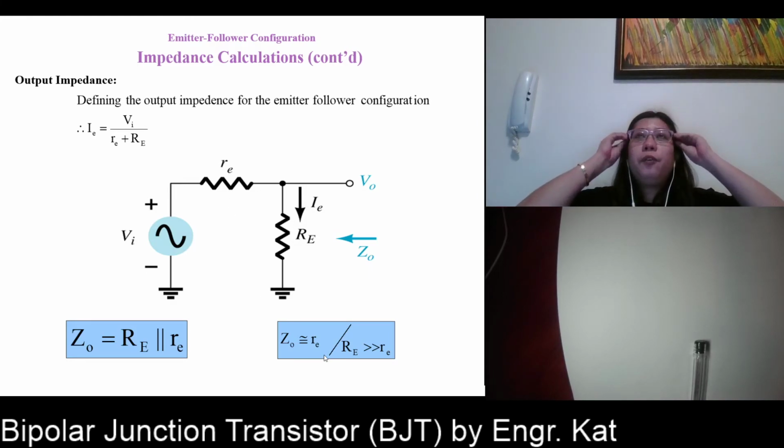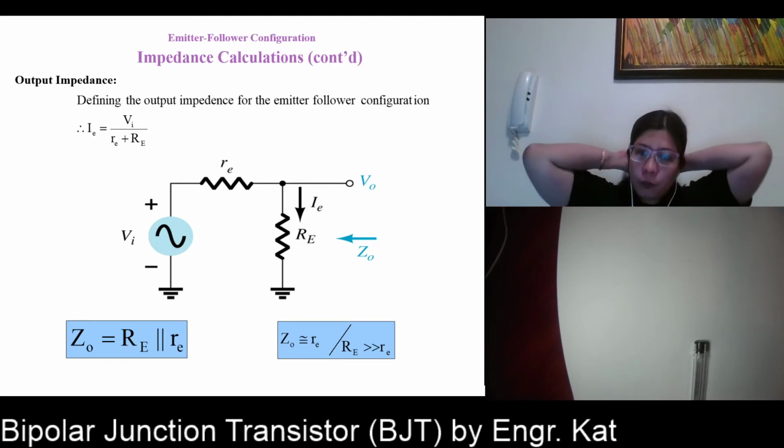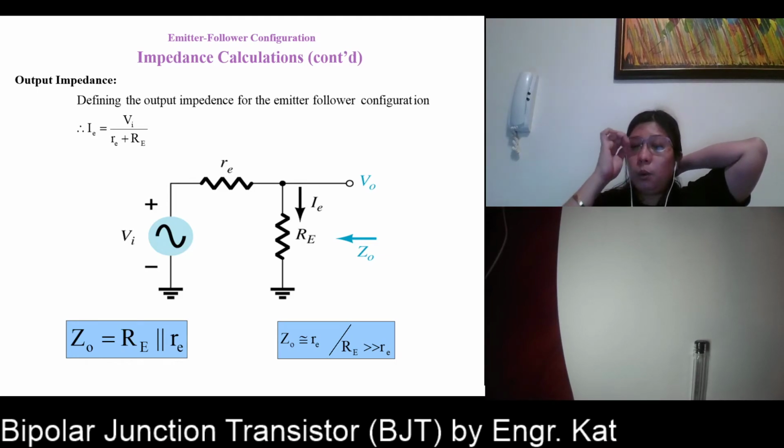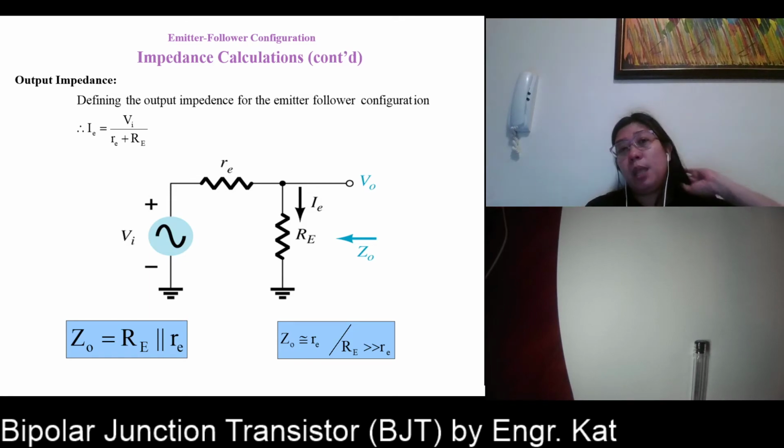So the emitter follower configuration is characterized by low output impedance. Common emitter configurations have high output impedance, while common collector or emitter follower configurations have low output impedance.